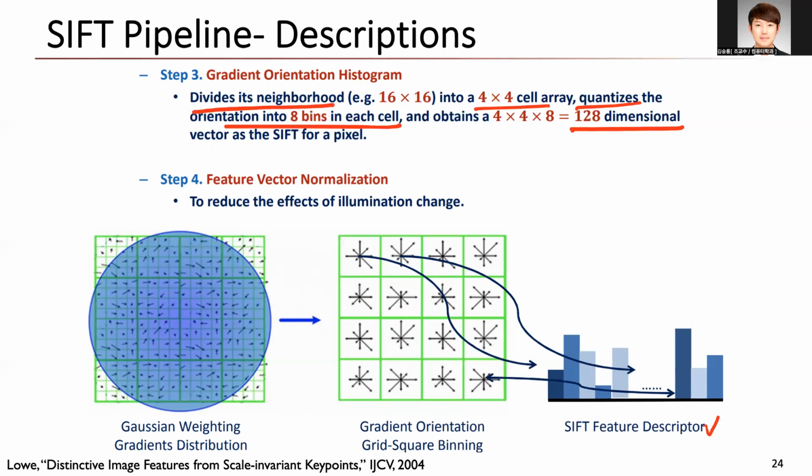It looks like this. And finally, feature vector normalization is used to reduce the effect of illumination change. So through this kind of pipeline, the SIFT algorithm achieves scale invariance, rotation invariance, and illumination invariance.